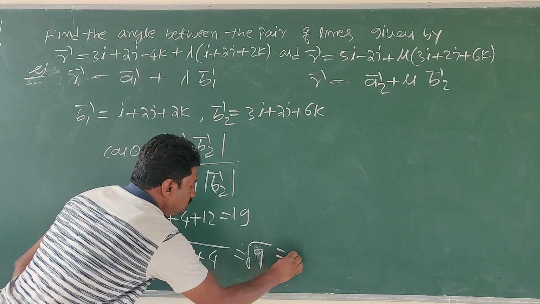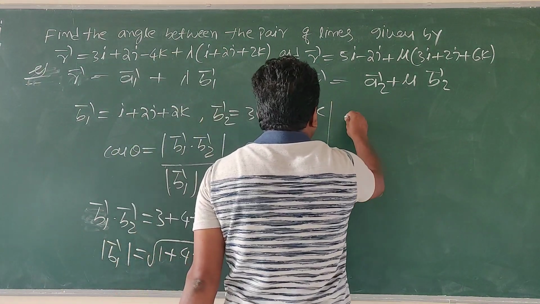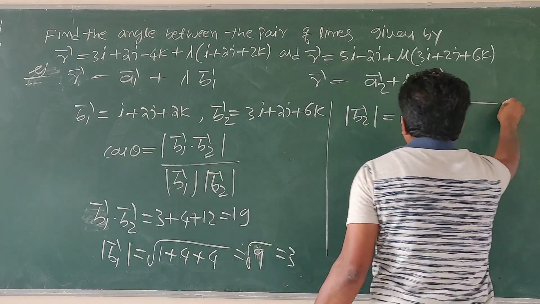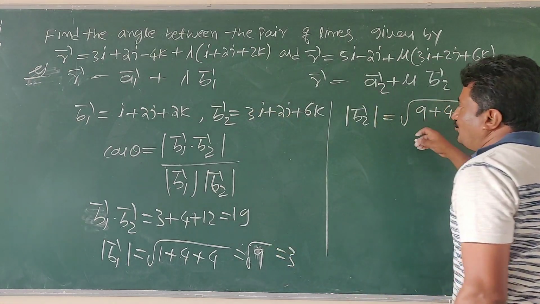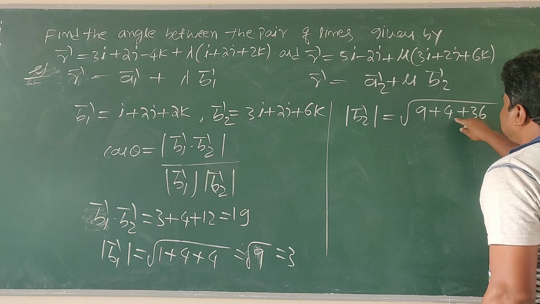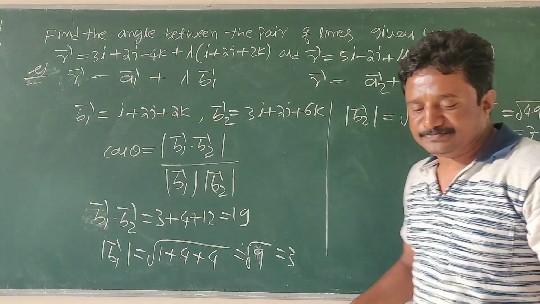Now the length of b2. Root of i coefficient squared, 9, plus j coefficient squared, 4, plus k coefficient squared, 36. 36 plus 4 plus 9 is 49. Root 49 is 7.